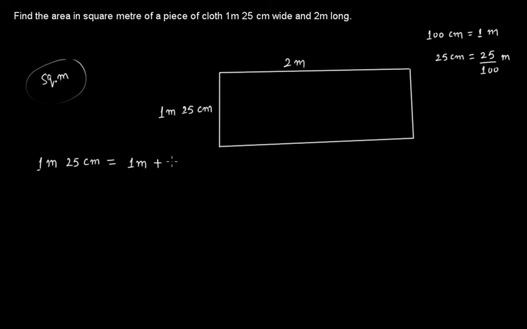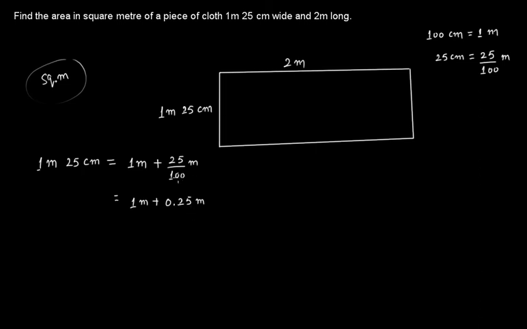So if I add this 25 by 100 meter, we can write it as 1 meter plus 0.25 meter. 25 divided by 100 will be 0.25.